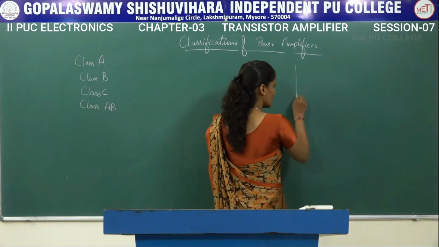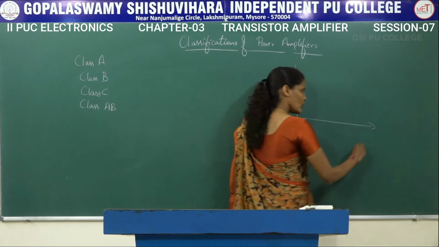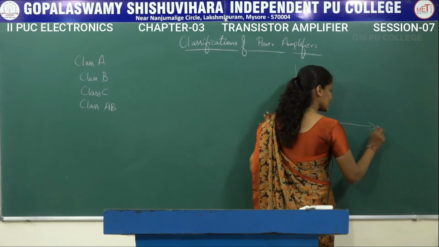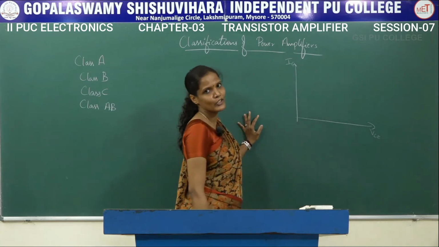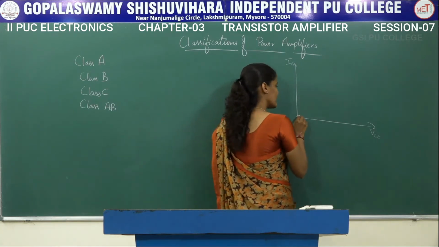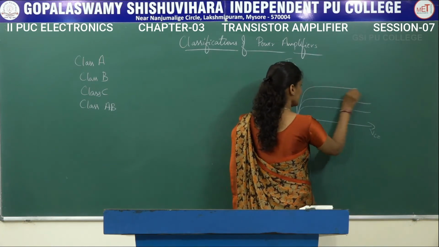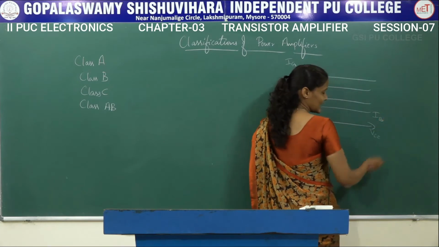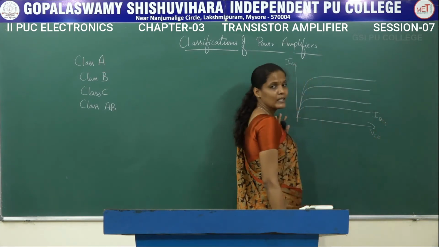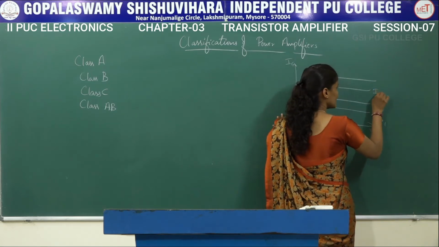If I am going to plot the output characteristics of a transistor, we are going to take VCE on the x-axis and IC on the y-axis. For different values of the base current, we are going to get the output characteristic curve, which is something like this. For different IB values, that is the base current values, let me consider this as IB1, IB2, IB3, IB4 and so on.